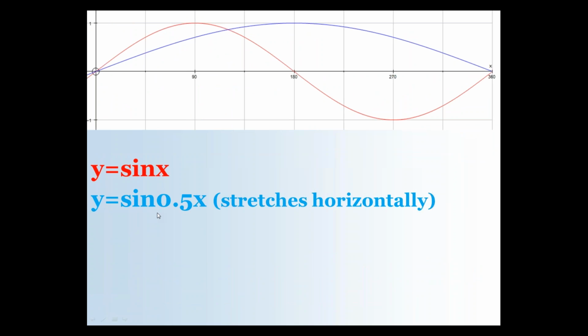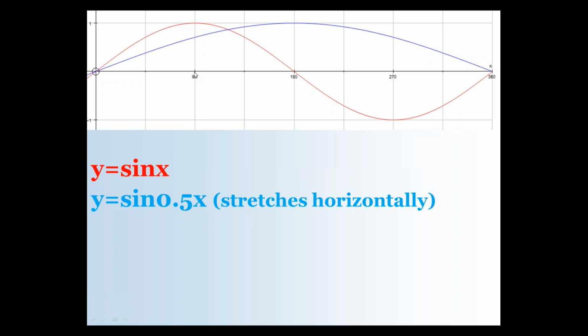If we've got it in here, it starts to get a bit tricky, doesn't it? Because sine of a half x is in with the x, so it's the opposite to what we think. So it's actually a scale factor of 2. So it stretches it along the x-axis. Every x value is twice what it was.